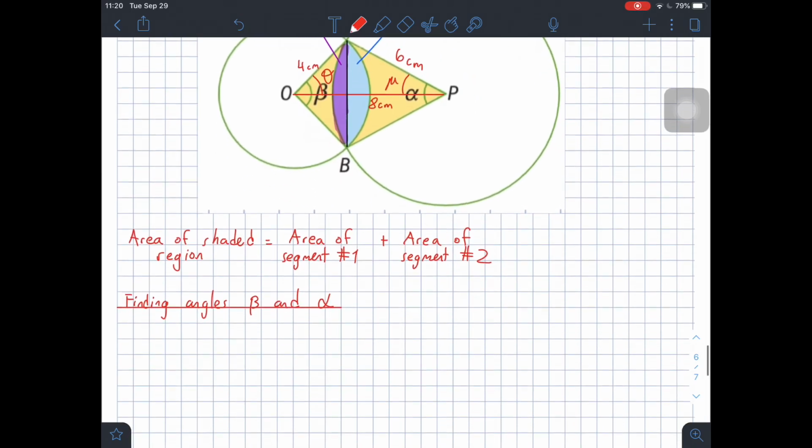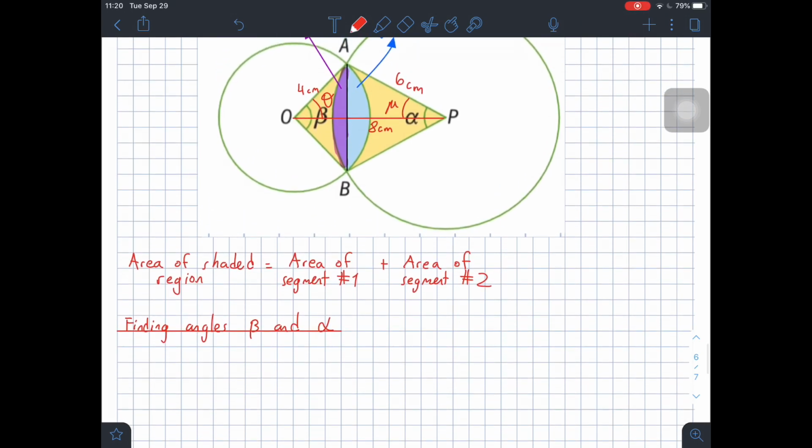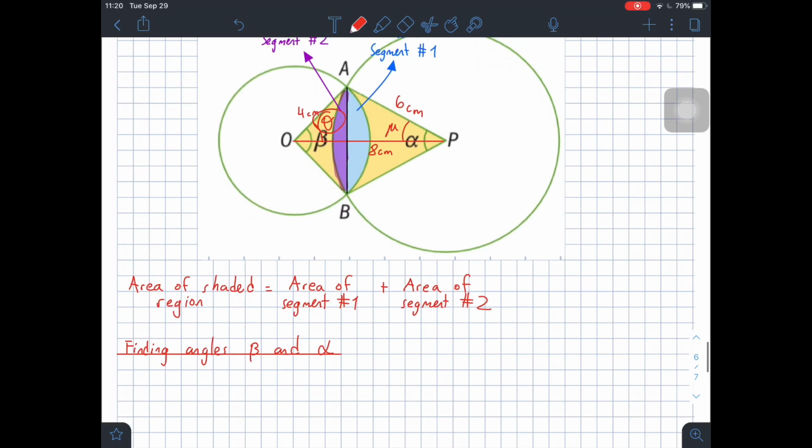Okay, so first let's focus on finding this angle theta, right?